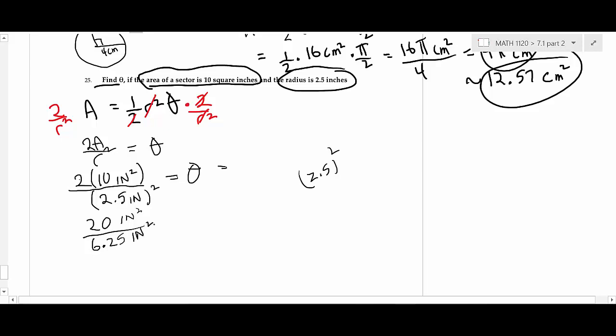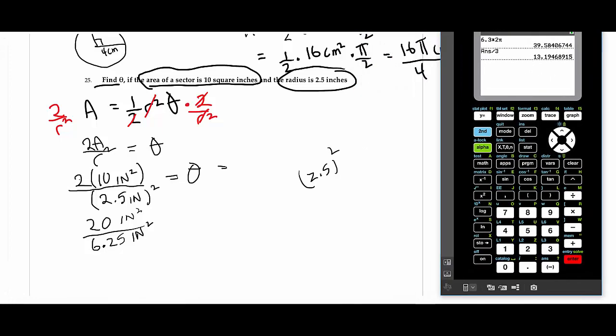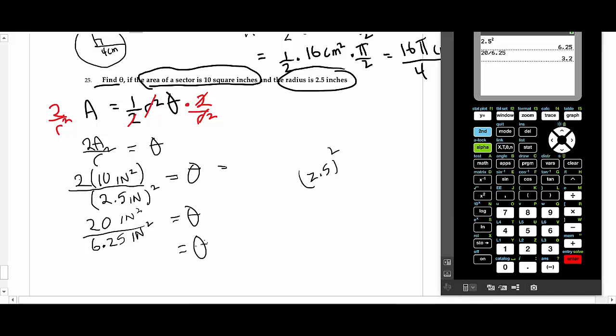Okay, then I'm just going to take the calculator and I'm going to divide those two numbers then. So I'm going to take 20 divided by 6.25, and then I'll round this off. So that should give theta is equal to 3.2.